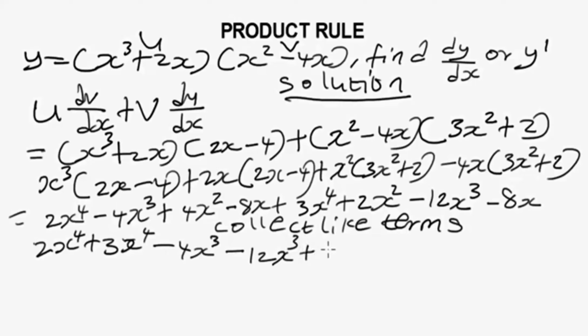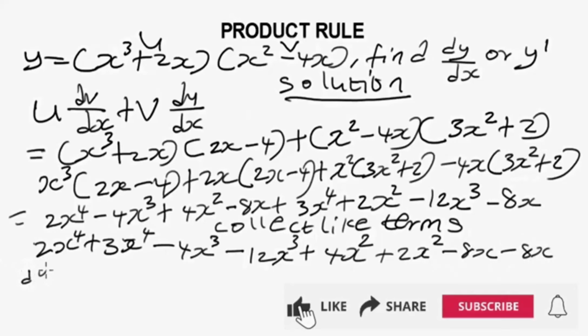We have 4x raised to the power 2, plus 2x raised to the power 2. Right, are we missing anything, guys? No, we are getting it. So let's go to the least power, minus 8x, and lastly minus 8x. Okay, we're almost done, guys.